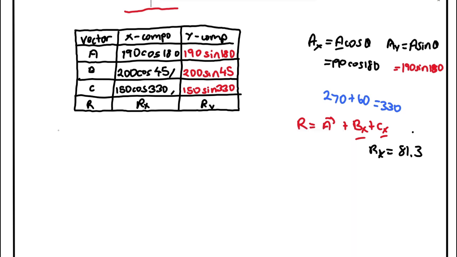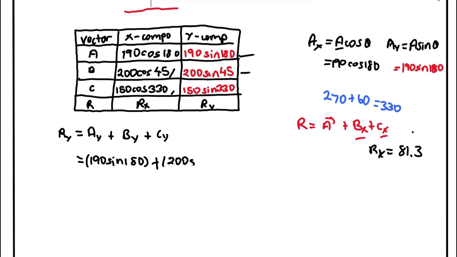Next up, we have to get Ry. In a similar fashion, Ry is equal to Ay plus By plus Cy. Ay is 190 sine 180, plus our By is 200 sine 45, and our Cy is 150 sine 330.